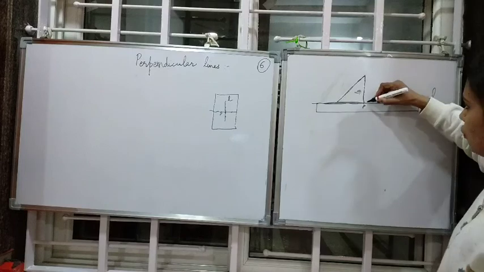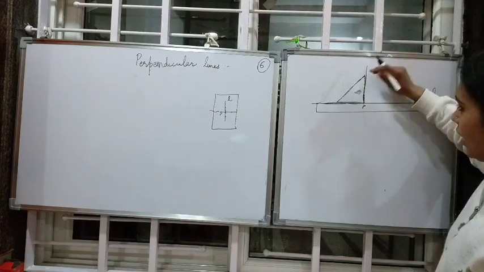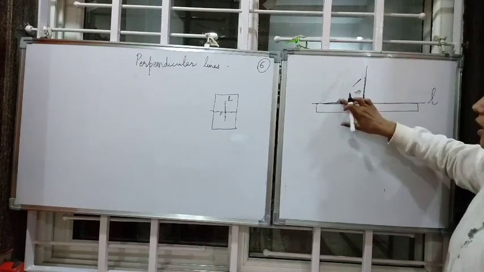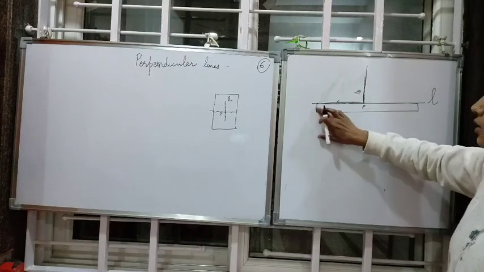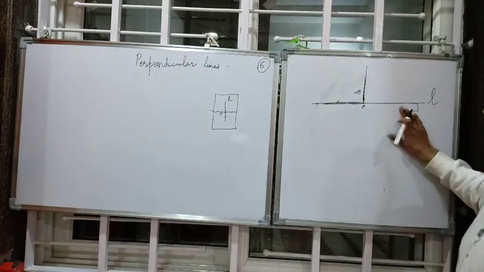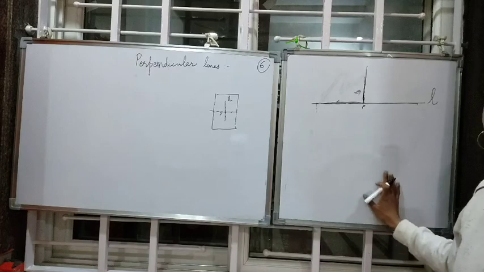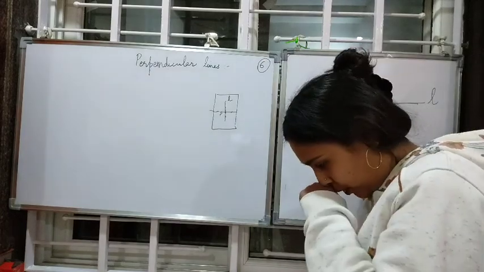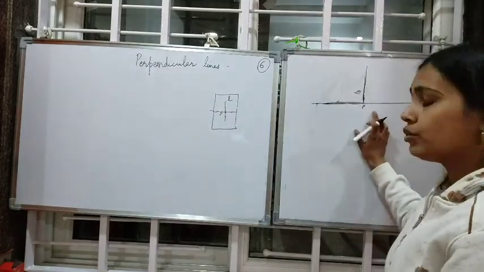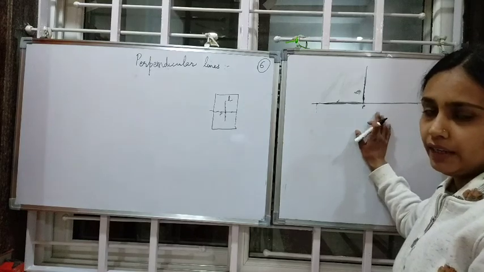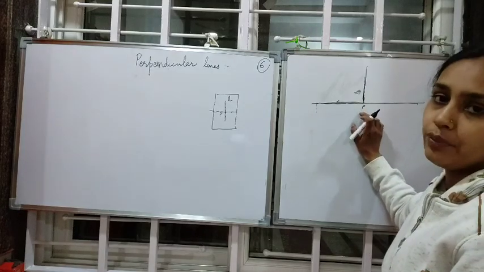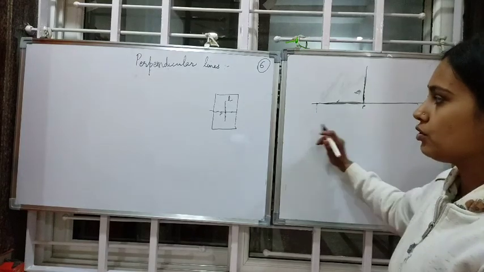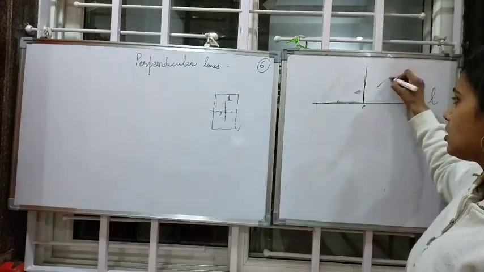Right? Draw a line like this and remove your set square as well as your ruler. So, this is how you draw a perpendicular line through line L at a given point P. Okay. So, this was your second method.